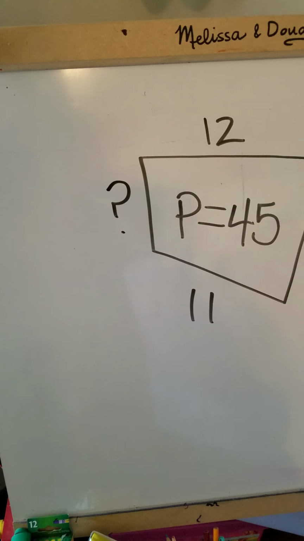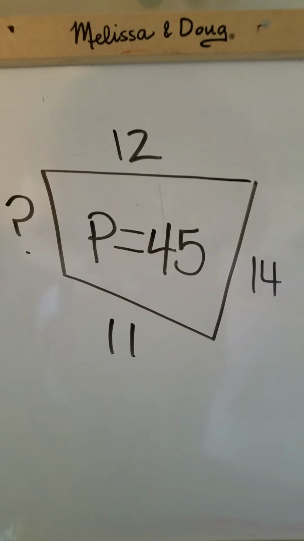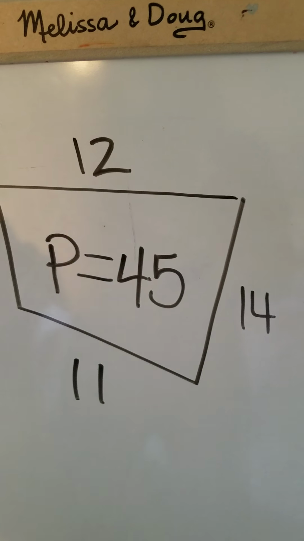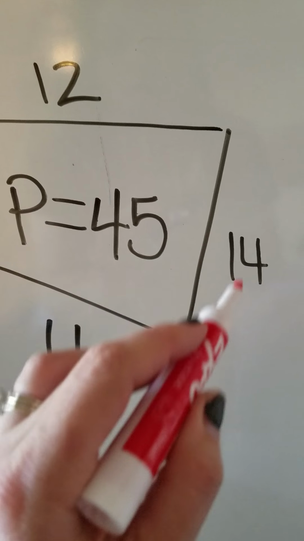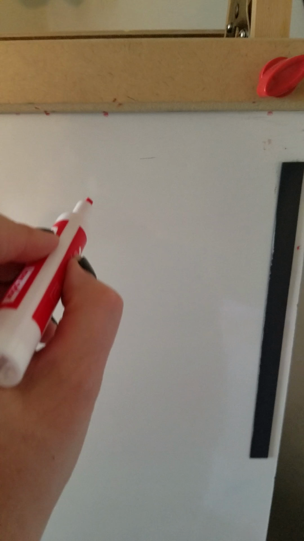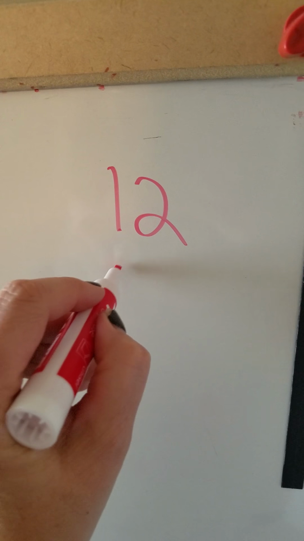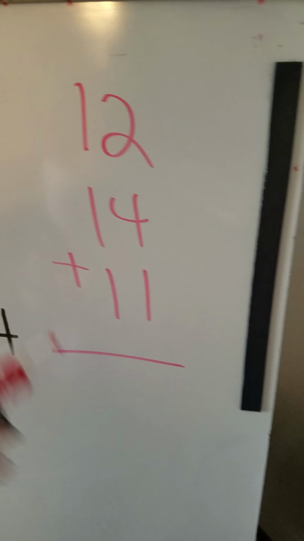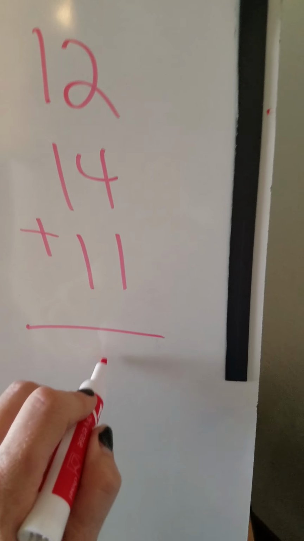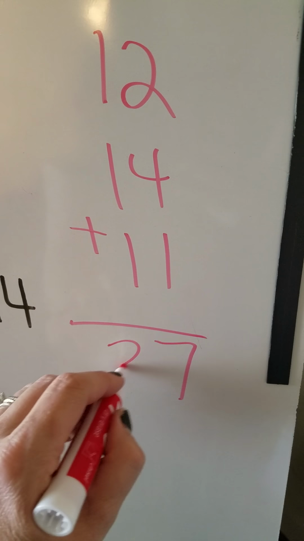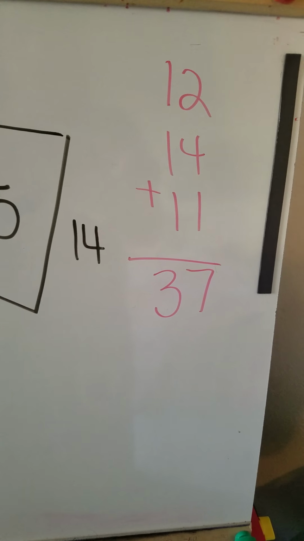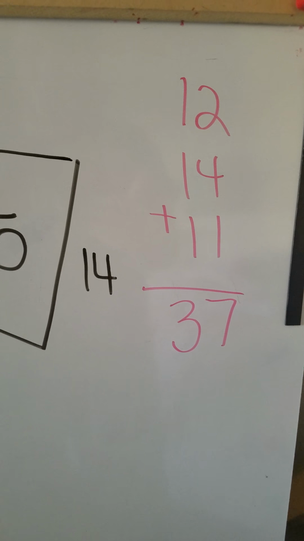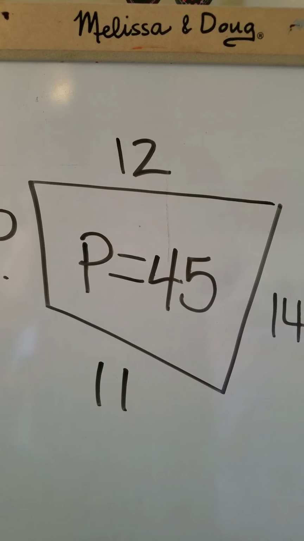So once again, let's take a look at what we know. We know everything should add up to 45. So we're going to add what we know so far. So we have 12 plus 14 plus 11. So that's 4, 5, 6, 7, and 1, 2, 3. So we know 37 out of the 45.